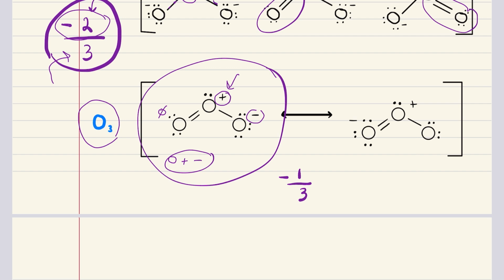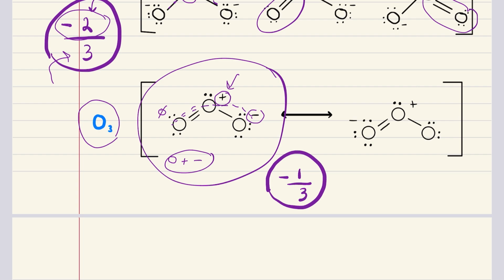Since that one oxygen has a -1 charge, and the others have 0 and +1 charges, this negative is actually delocalized over this area. And so we account for that -1 charge over the 3 oxygen atoms. And so the average formal charge here is going to be -1 over 3.